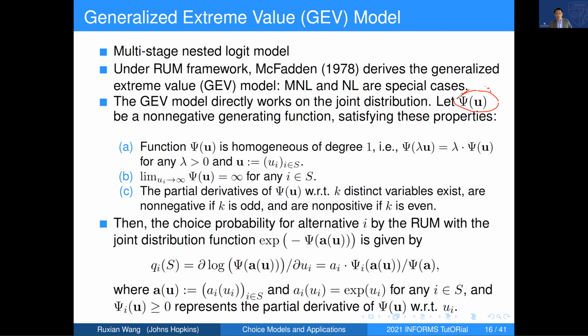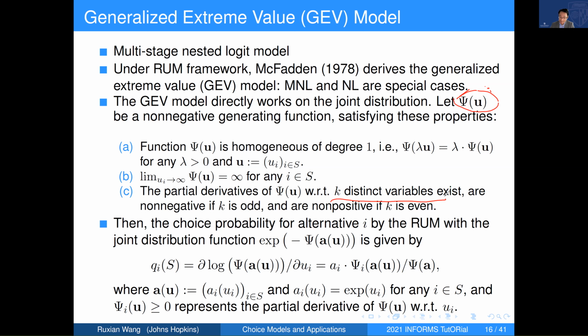The generating function has some properties. For example, it is homogeneous of degree 1, and it approaches infinity as any U_i goes to infinity. And the partial derivatives with respect to k distinct variables exist, and are non-negative if k is odd, and non-positive if k is even.